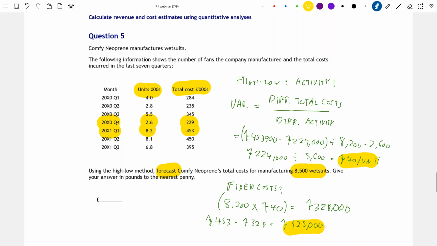So in order to forecast the costs, all we have to do is take our fixed costs plus the total variable costs.